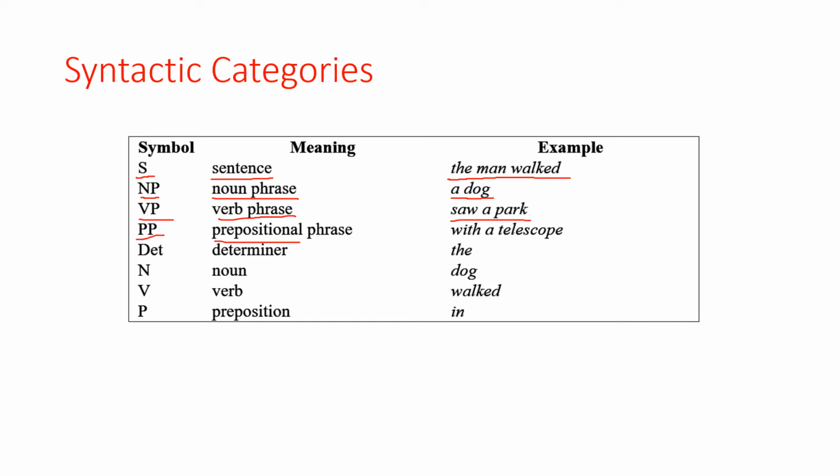PP is a prepositional phrase, for example, with a telescope. Det is a determiner, for example, the. N is a noun, for example, dog. V stands for a verb, for example, walked, and P stands for the preposition, for example, in.